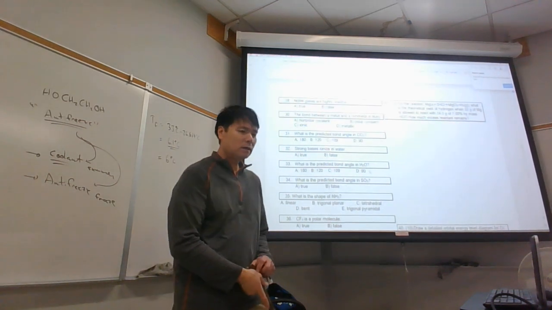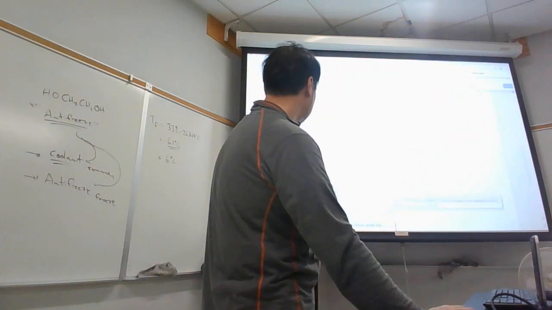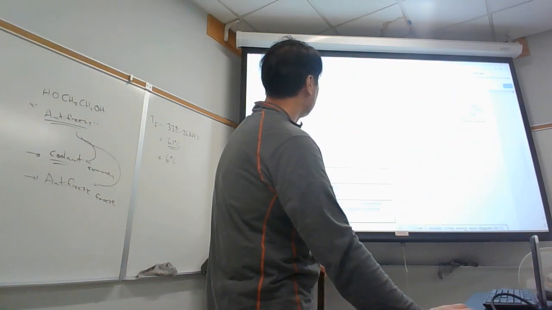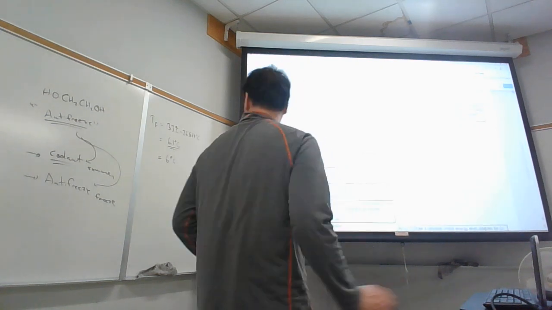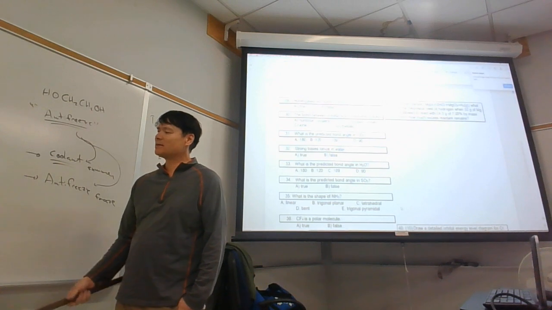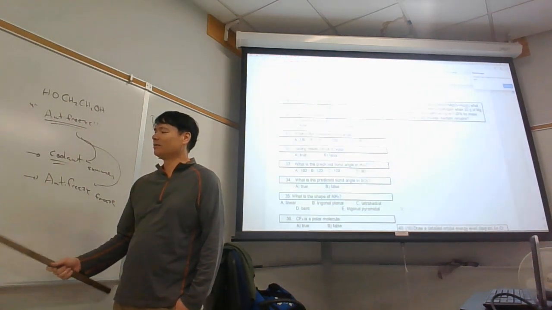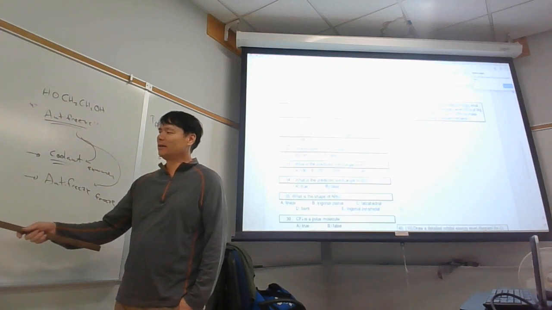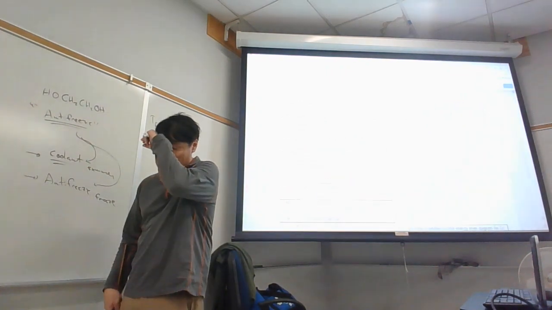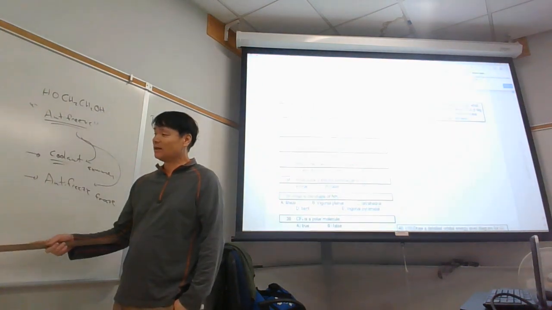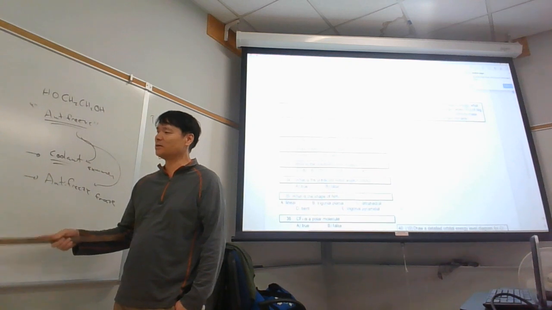And so I talked about the distortions. Because in Chem 1A, you're expected to know. In Chem 1A, they say the angle is less than 109. But less than 109 is anything from 0 to 109. And so you try to pinpoint it a little bit more rather than just saying less than 109.